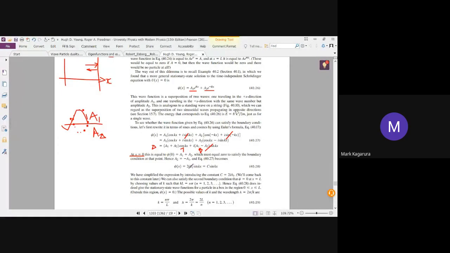So you have 2a1 i sine kx. So the wave function will be given by c a1 sine kx, where c is this coefficient. In this case, we have been able to get this wave function by just analyzing this equation.